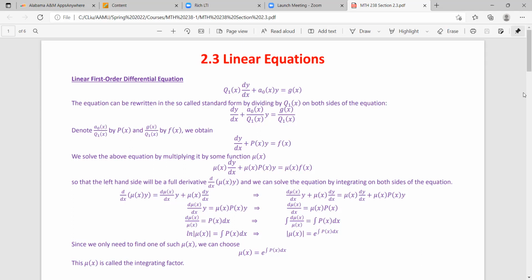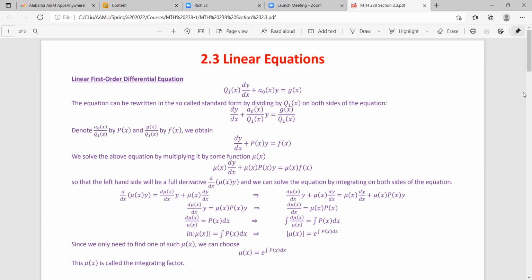So that tells us that mu times p in the second term on the left has to be mu prime, if we try to construct such a full derivative. All right, so that's the whole point of multiplying by this function mu. If you don't have the mu, we only have y prime plus p times y, then obviously you don't have the other function to multiply the derivative in the first term on the left.